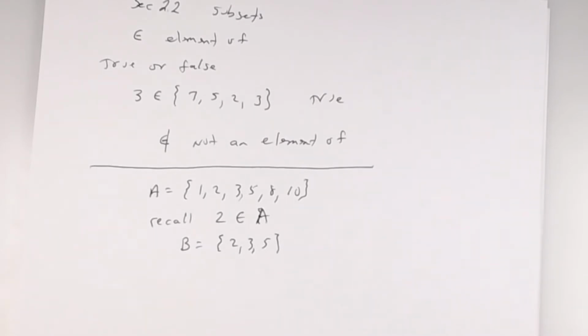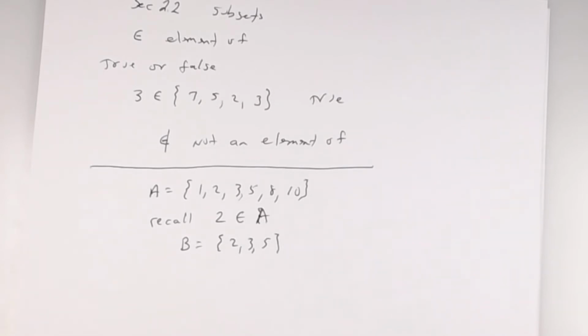Because all the elements of B are in A. Good. Is 2 in A? Is element 3 in A? Is element 5 in A? Yeah. So A is the bigger set, and set B is a subset of that, because every element that's in B is also in A.